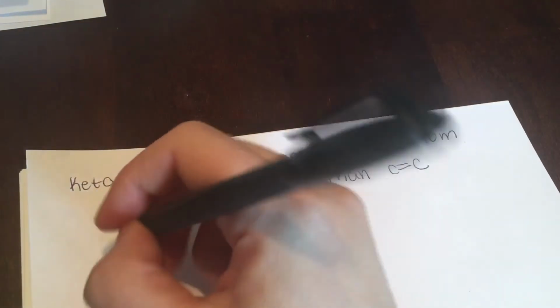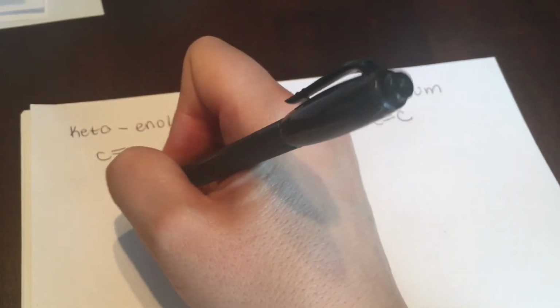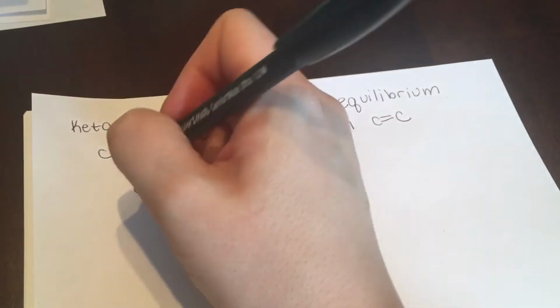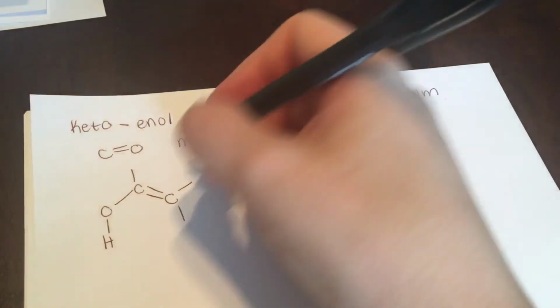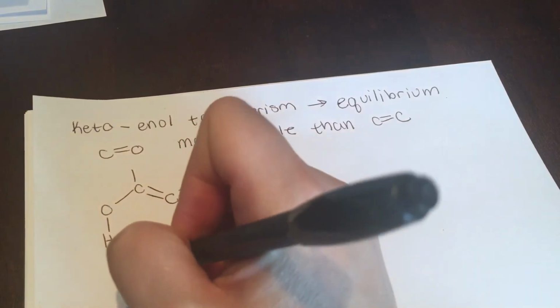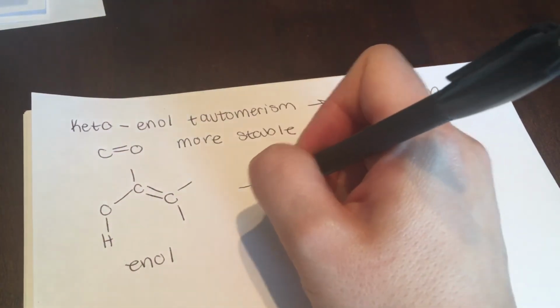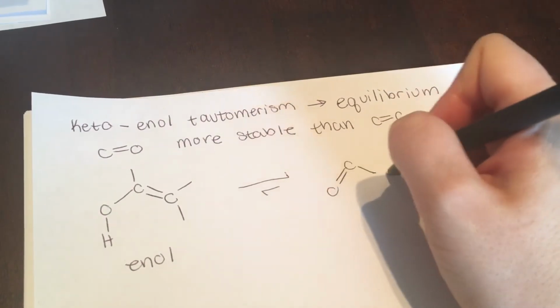Okay? So, again, this is the difference between the placement of a double bond and the placement of a hydrogen. So this is going to be our enol product, and it's an equilibrium, and this would be the keto form.